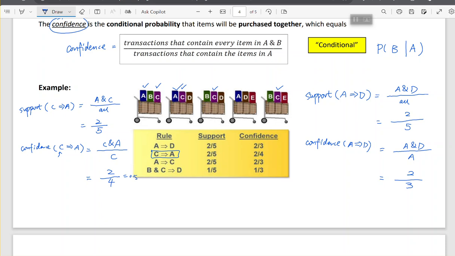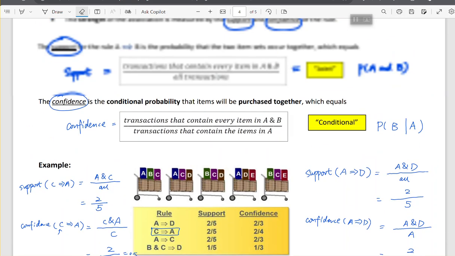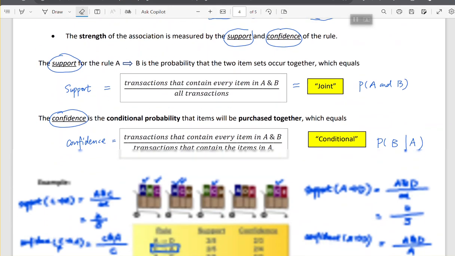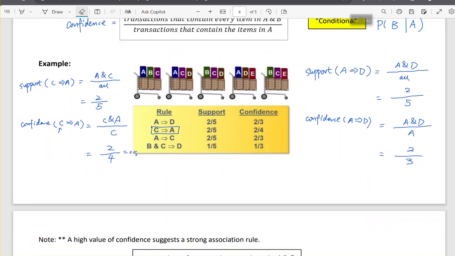Got it? All right, now the other case. In this example we are talking about 2 items, right? But remember our association rule at the beginning, we say they are 2 sets, right? The item set A implies item set B. So normally we don't talk about 2 single items.